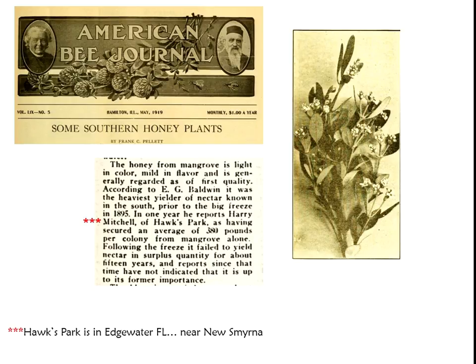Then these freezes of the late 1800s, 1894, 95, and 1899, were major freeze events, killed these trees, and the bee industry collapsed following those. And this guy who wrote this article said it had not recovered. This is written in 1918. In the 20 years after the freeze events, there hadn't been a recovery of the mangrove.